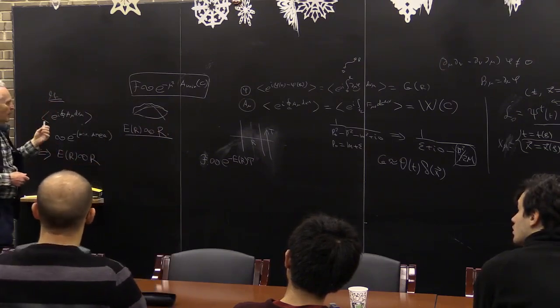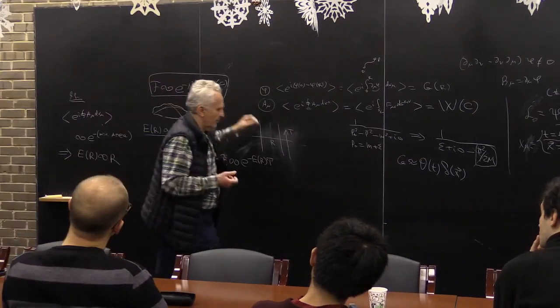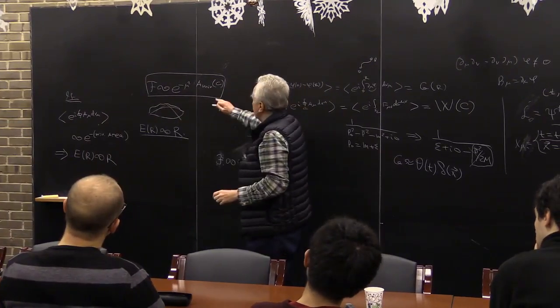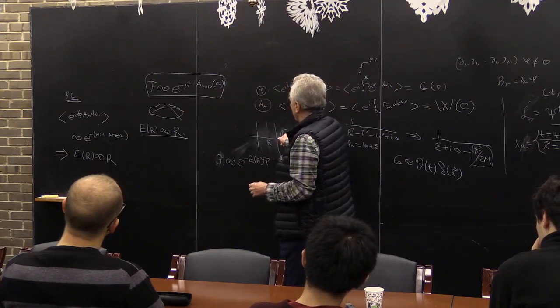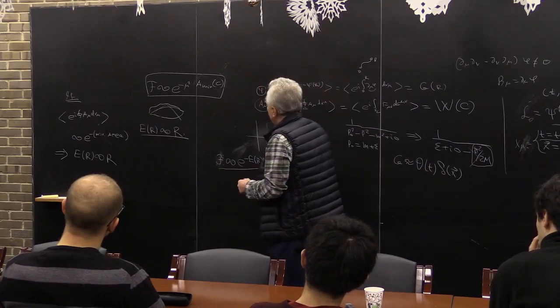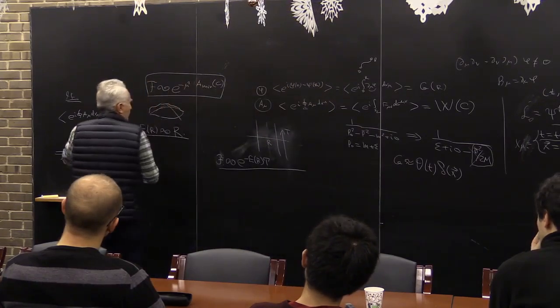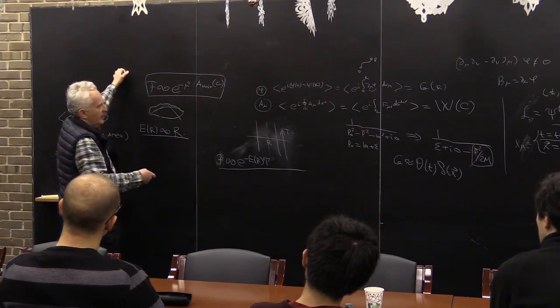By the way, if you have Coulomb interaction, what kind of answer will you get for this amplitude F? It will be T divided by R.